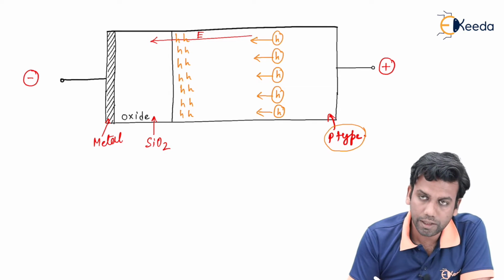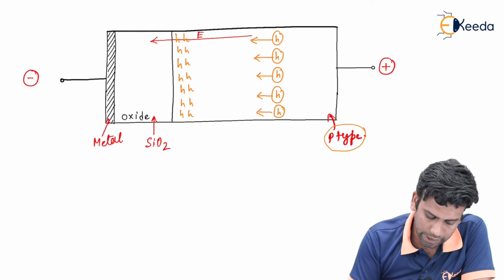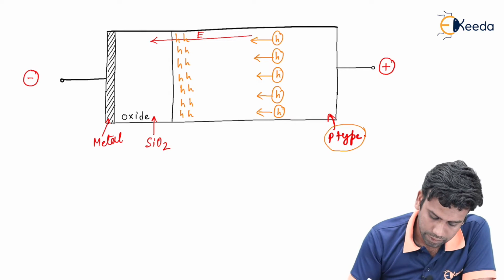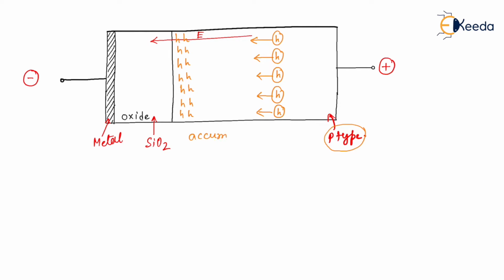In this way, the holes will accumulate at the interface region. That's why this situation is called accumulation of holes.